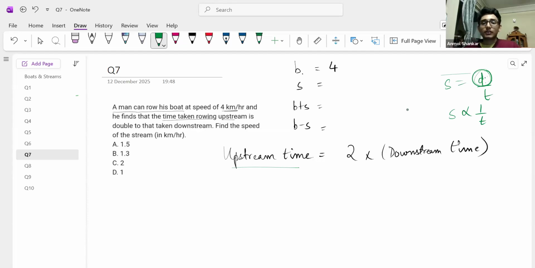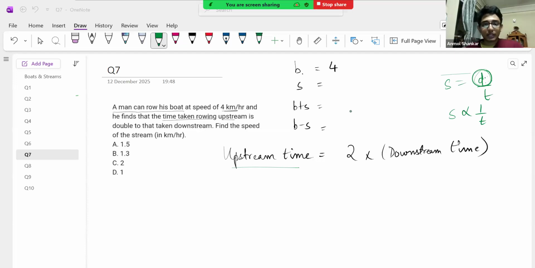That means how much ever more time I take, that much lesser is the speed. As speed goes up, time goes down, which is very intuitive.